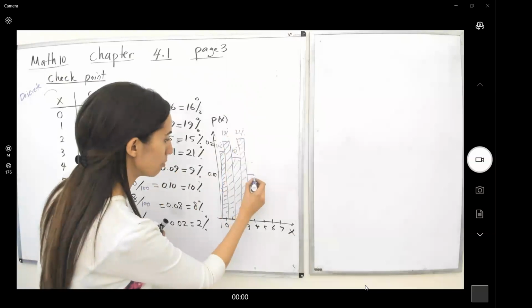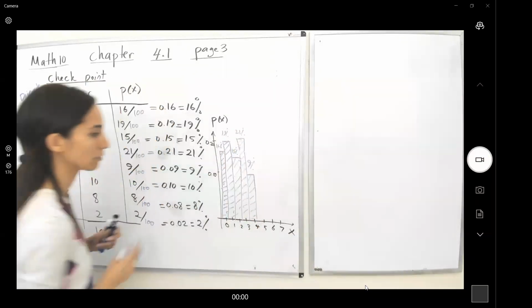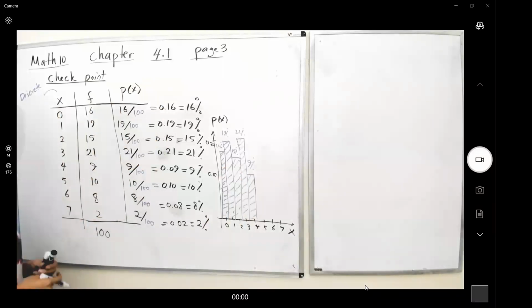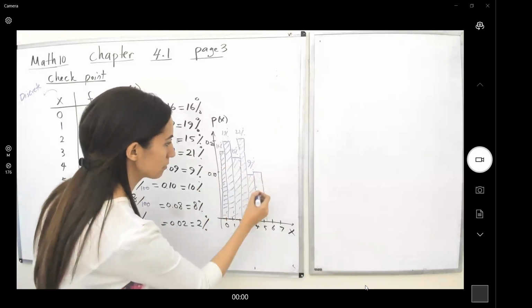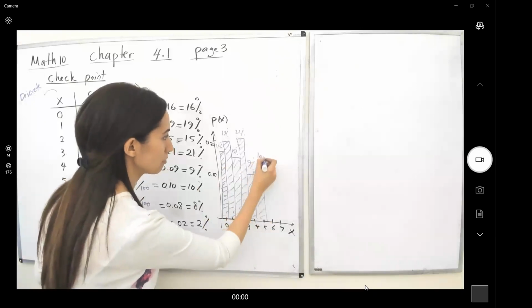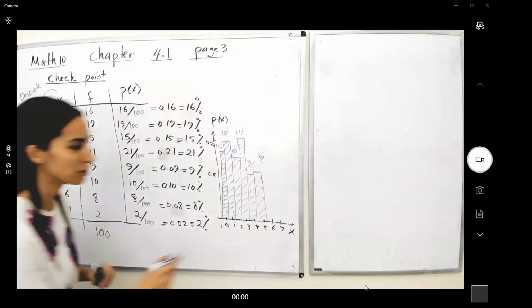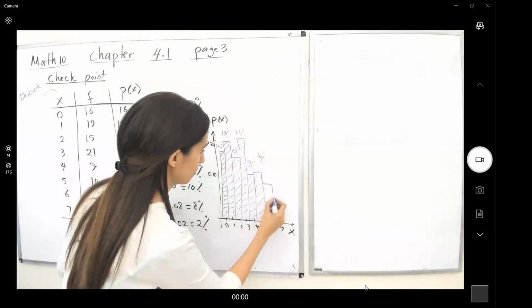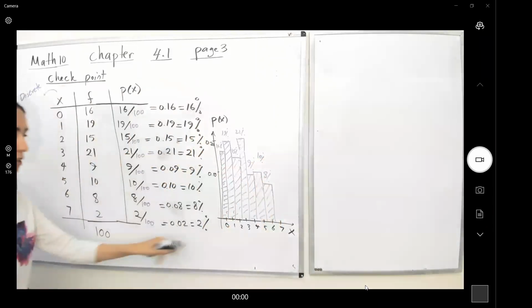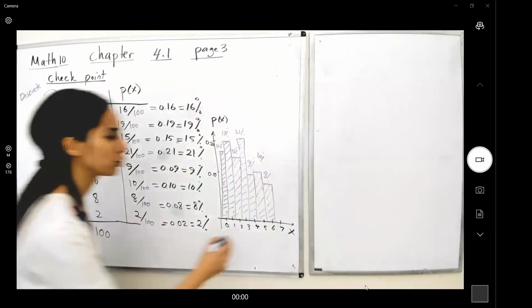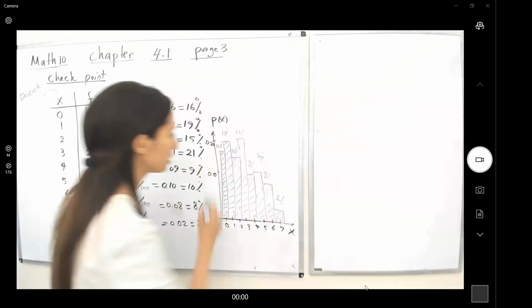So we're going to stop the bar here. X equals 5, 10%, so a little bit up here. 6 items, 8%. And finally, 7 items, 2%, which is just right here.